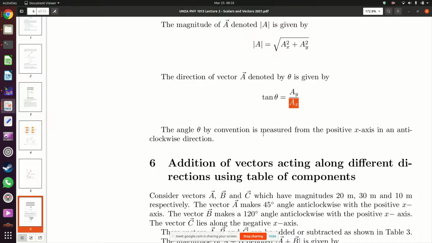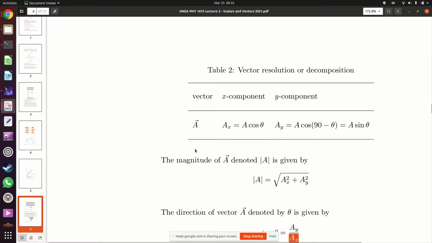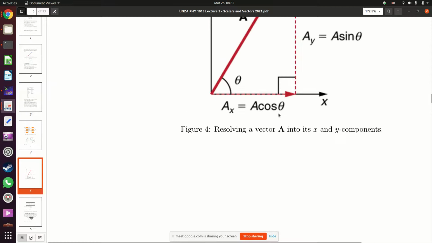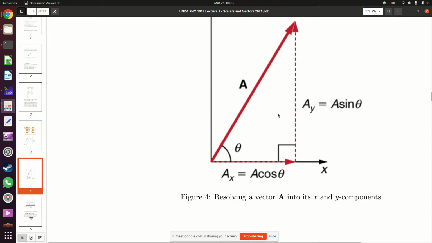Okay. The other thing about components: our components are only pointing in two different directions, the x direction and the y direction. Remember, these components are still kind of vectors because they have a size, and you can see at the end here there's an arrow.